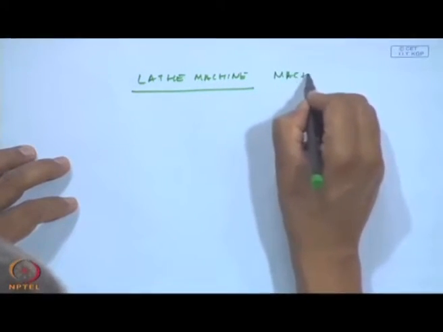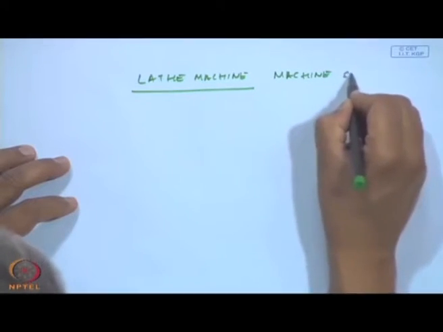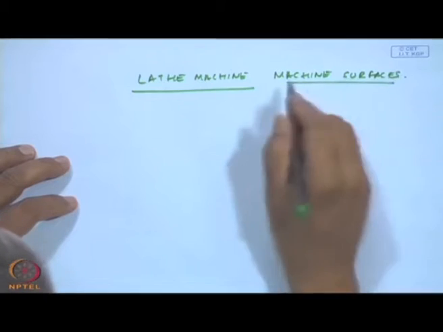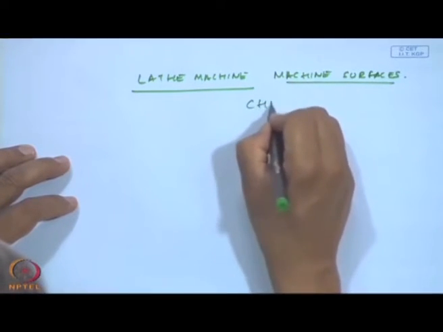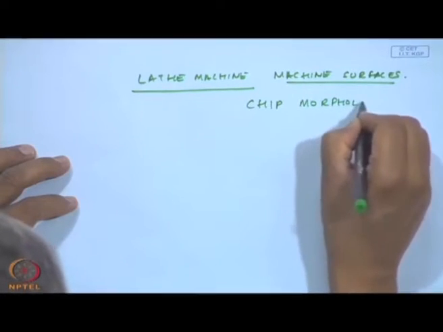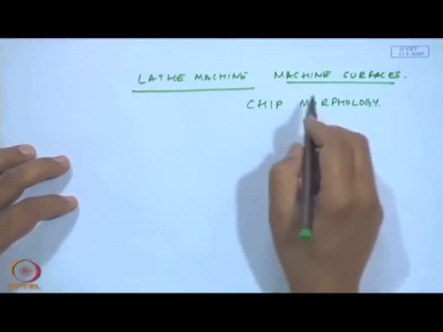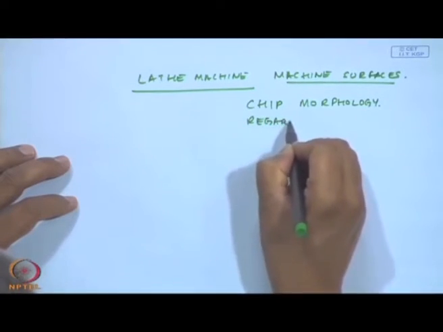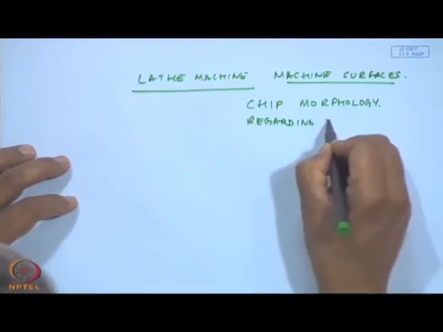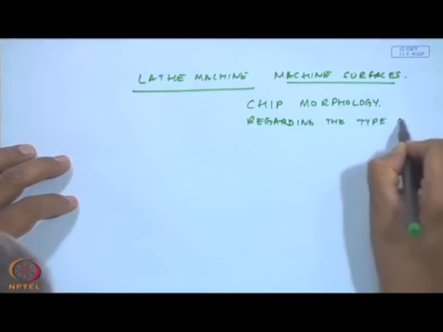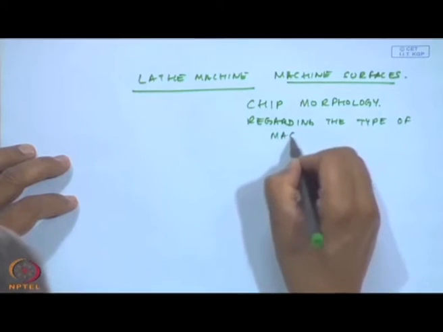To machine surfaces, the chip morphology tells us regarding the type of machining.